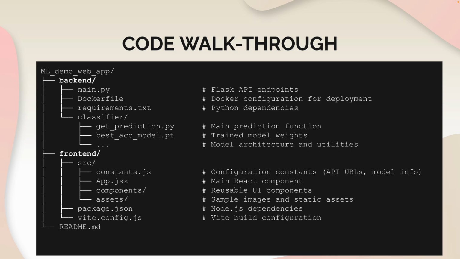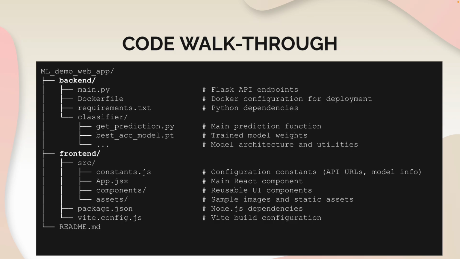We have the components folder. We also have the assets folder that stores the sample images from our dataset. And we finally have the constant.js file that is the place for all the configuration constants, such as the API URLs and model info. But I'll talk about it more in a second.